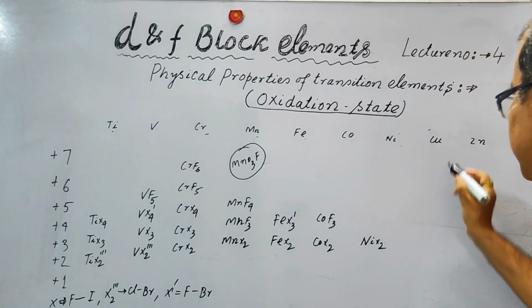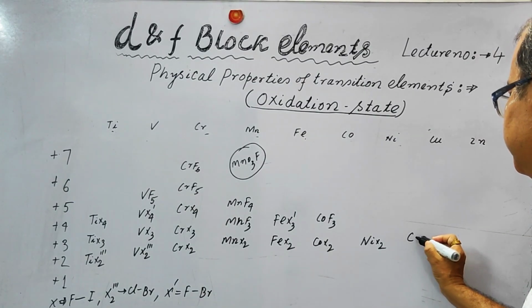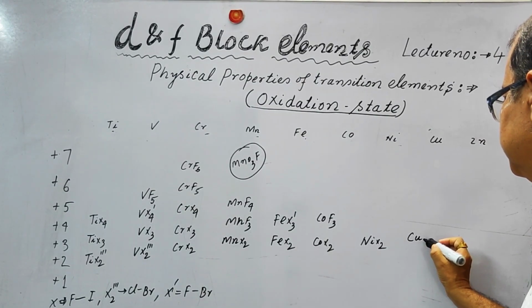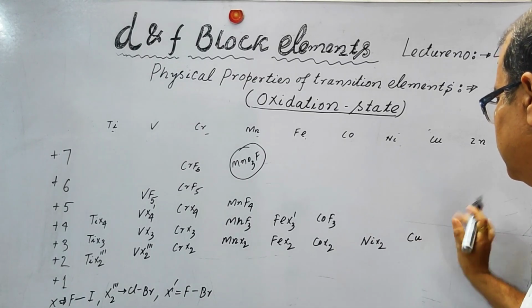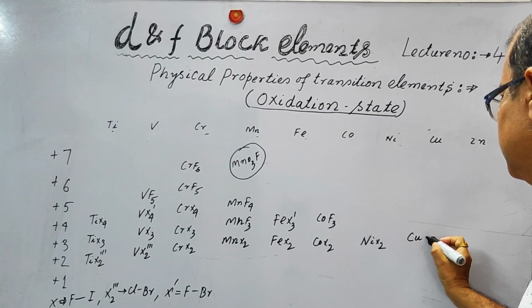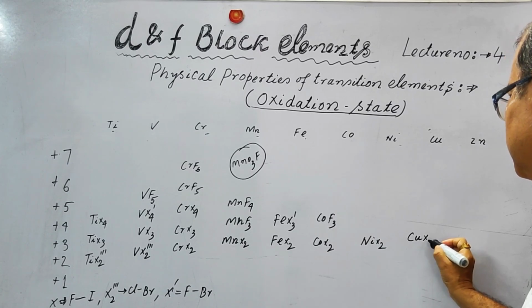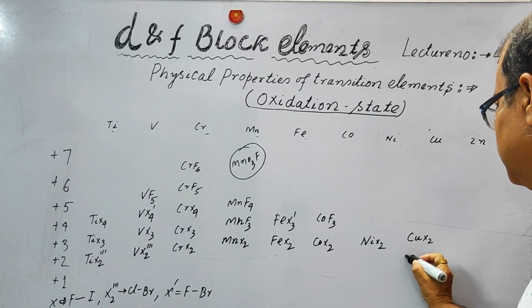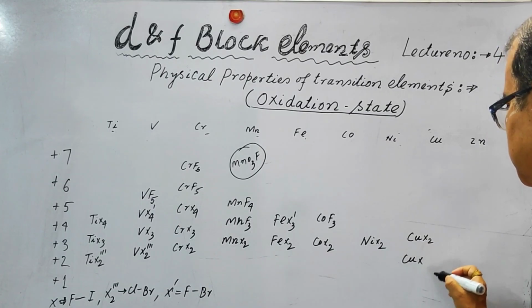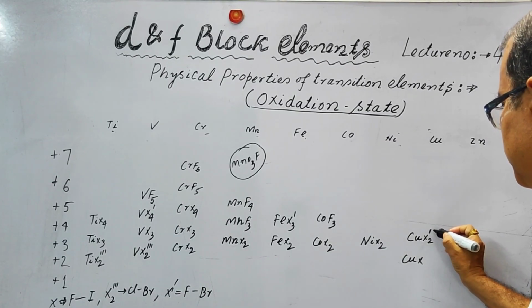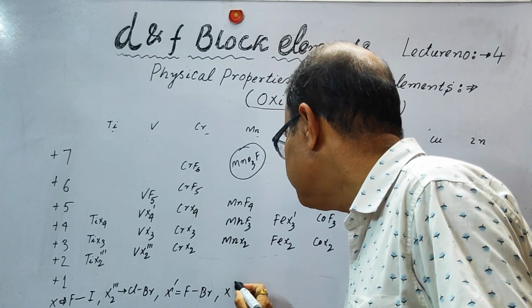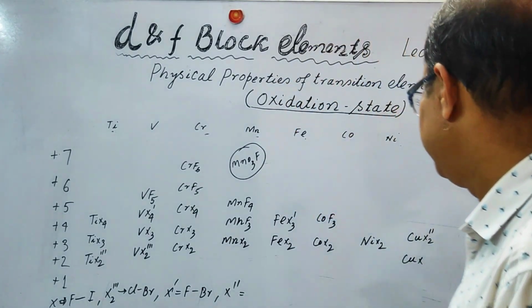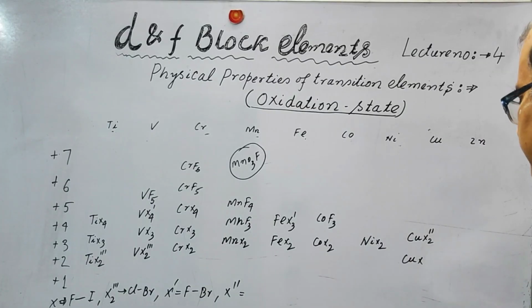For the nickel, we will find the last oxidation state. The copper, we will find this. For this, you will have that X2 is basically the X of XR.